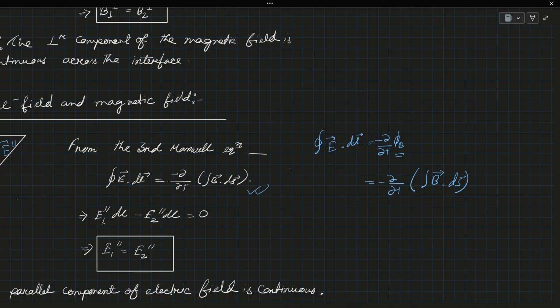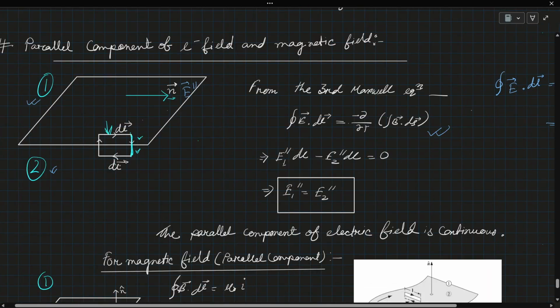Now similarly, E·dl can be separated into these four parts. So what are those four parts? E·dl means the integration of the electric field over this whole closed loop.